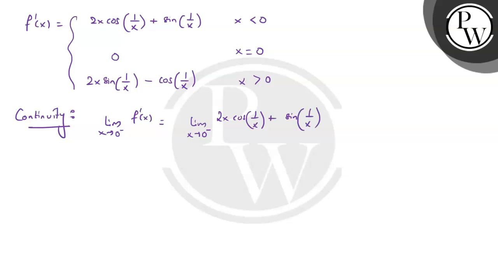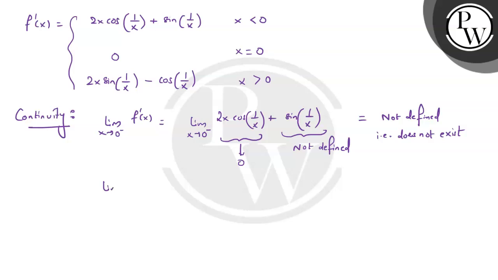Now understand that the limit of this part is 0, but the limit as x tends to 0 of sine of 1 by x is not defined because it oscillates, and so therefore the overall limit is not defined, that is, does not exist.